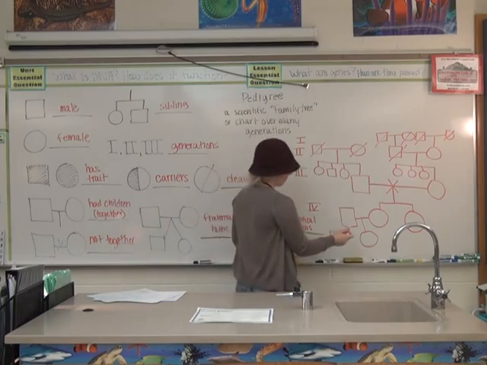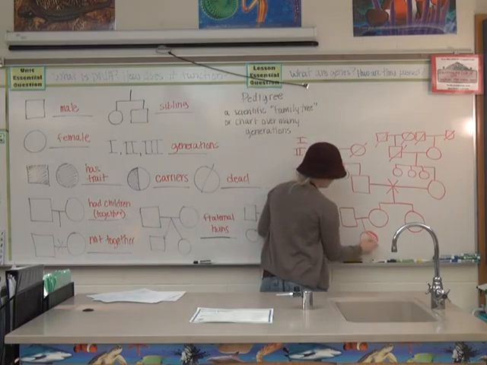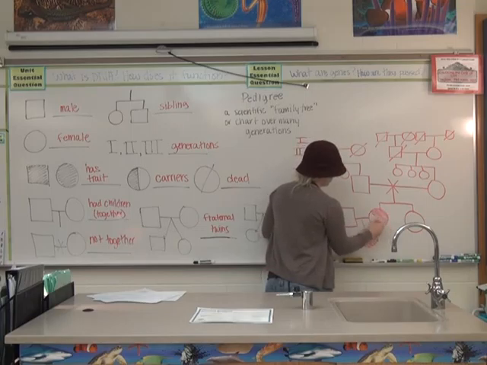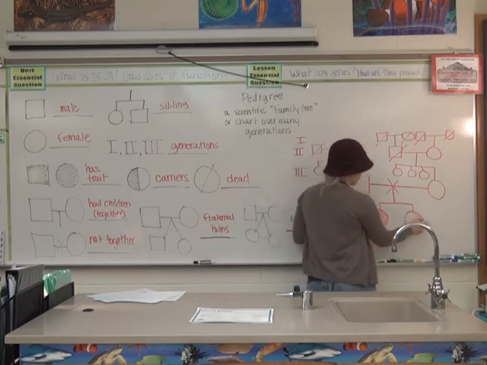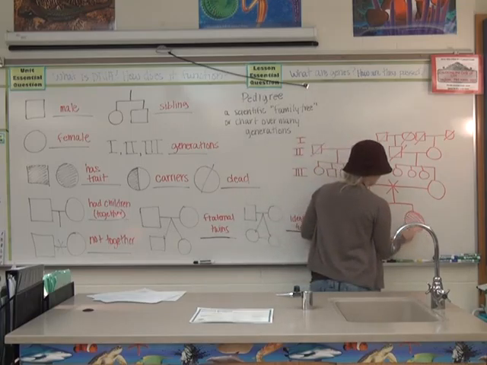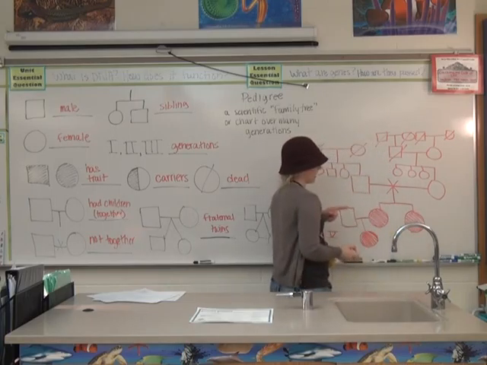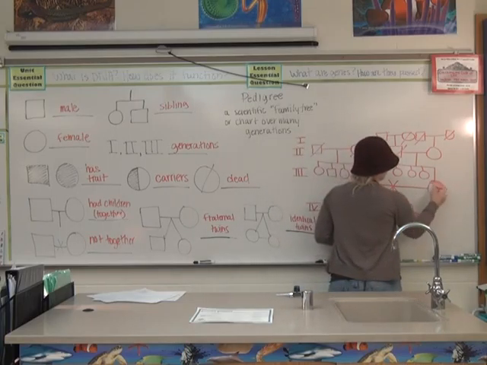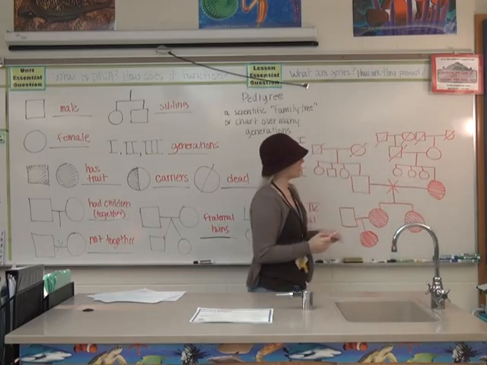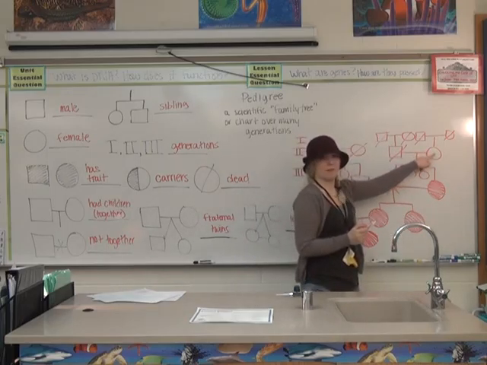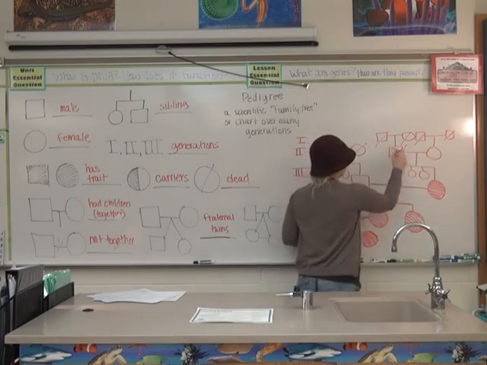Alright, my niece Cora has brown eyes. My sister has brown eyes. I have brown eyes. My dad doesn't have brown eyes, but my mom has brown eyes. Now I'm not sure about my aunts, so I'm going to leave them blank. I know that my grandma doesn't have brown eyes, but my grandpa did.